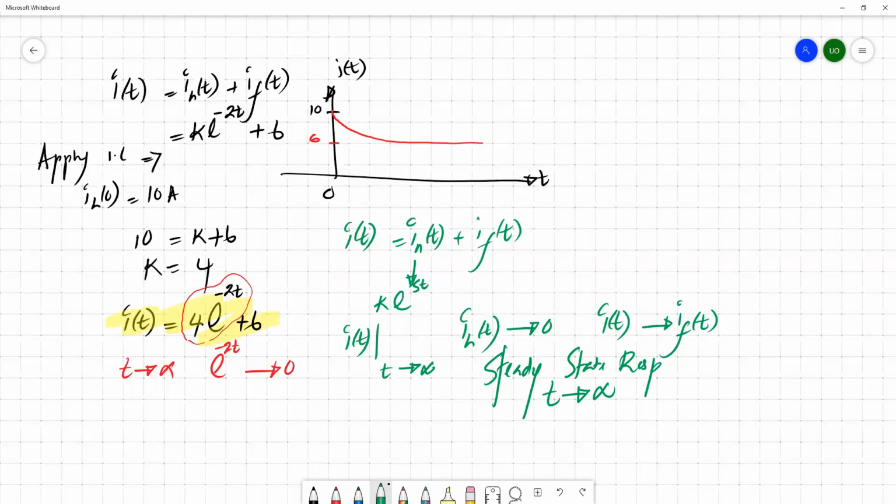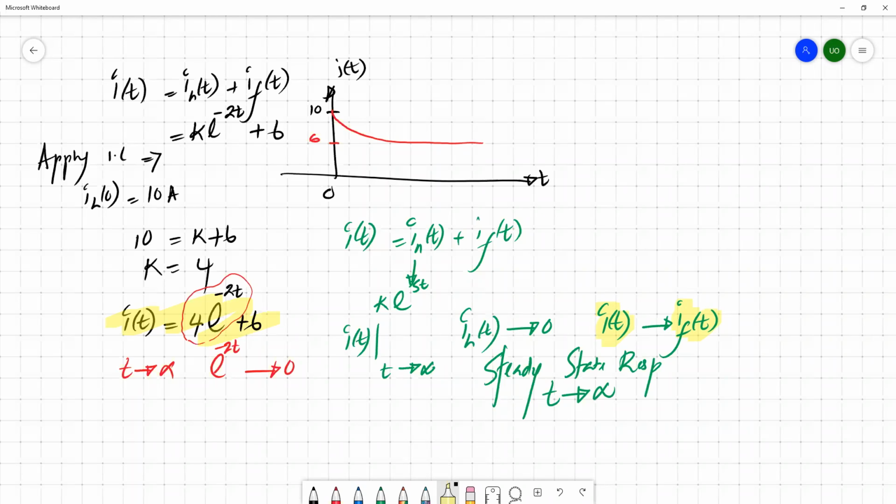Mathematically, it's the steady state response after a reasonably long time. So the total response converges to the forced response. This is the conclusion we can make out of this discussion.